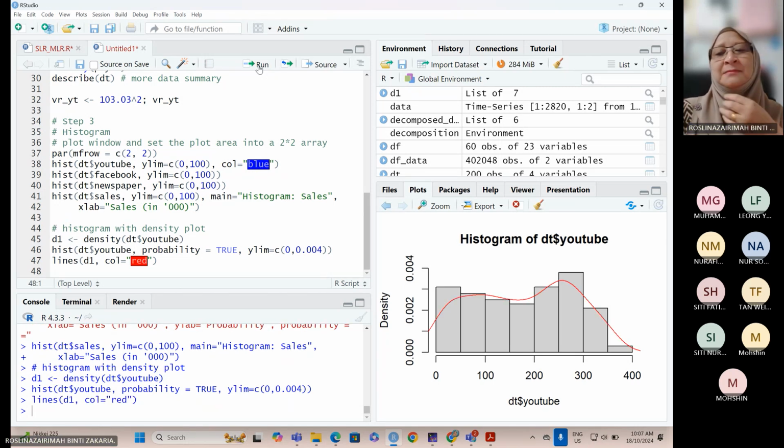You can change the color if you want, and so on. Even the line type you can change, but again, I didn't remember exactly what is the number for. Wait, kita try again.